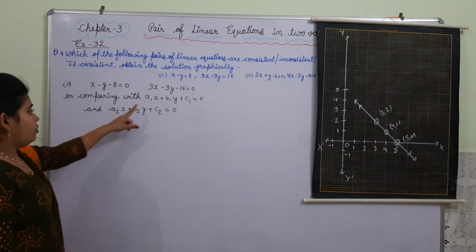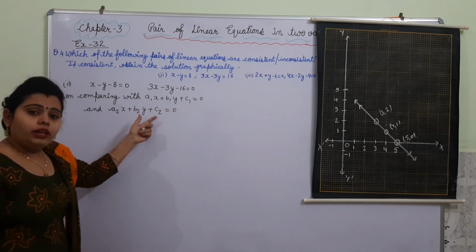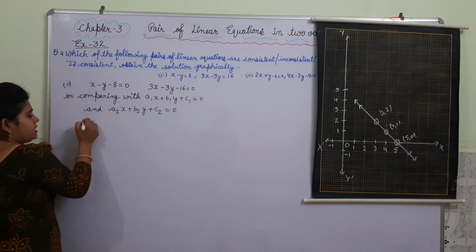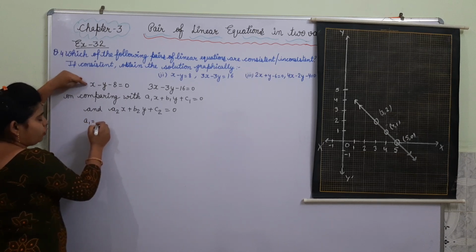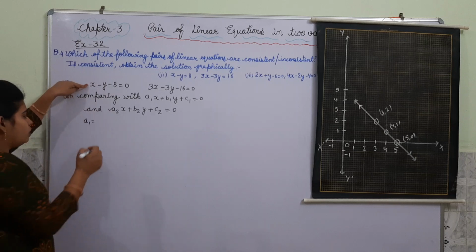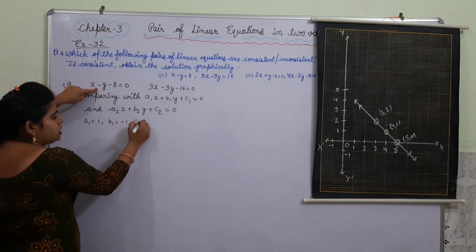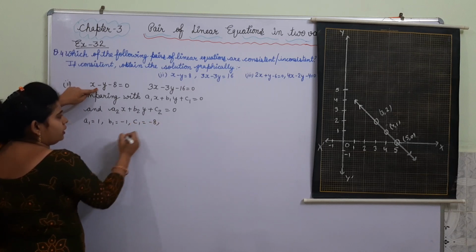From here we can find the values of a1, b1, c1, a2, b2 and c2. So what is the value of a1? a1 is the coefficient of x, and here the coefficient of x is 1. So a1 is equal to 1, b1 is minus 1, c1 is equal to minus 8.